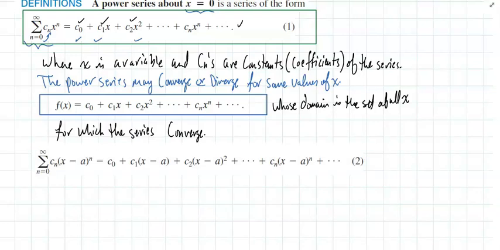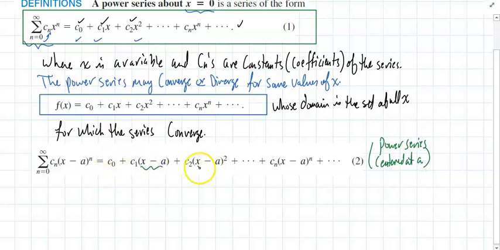Now, a series not centered at 0. This is a power series, and we say this is centered at a, or x equal a, and it's right there. So it's identical to this power series, but instead of x, it's really x minus a.